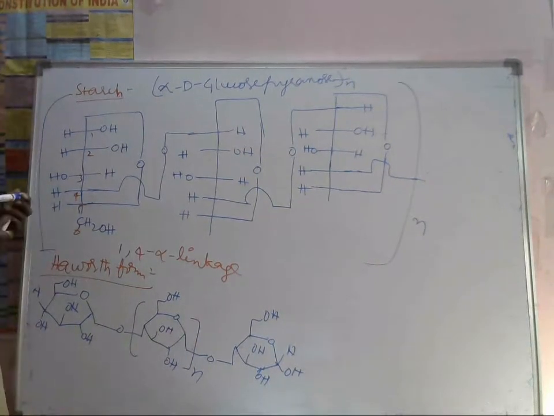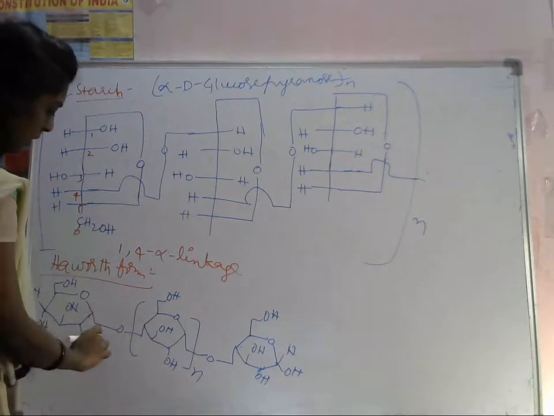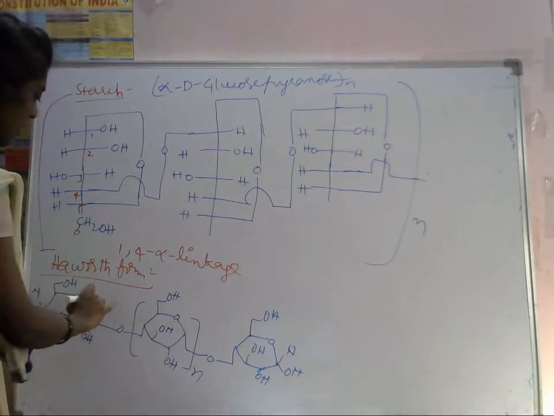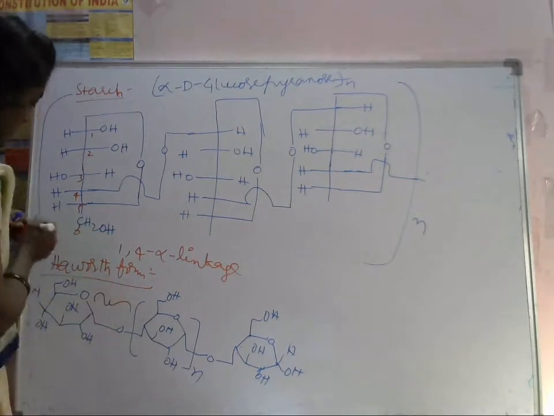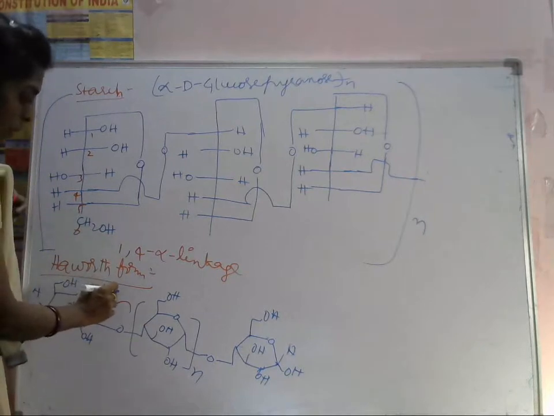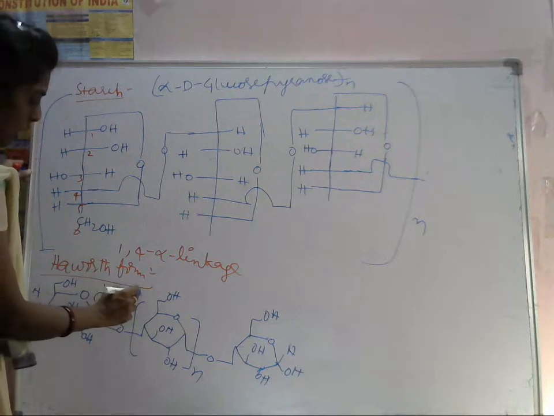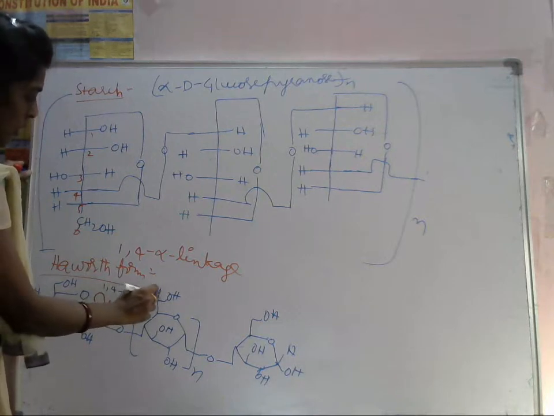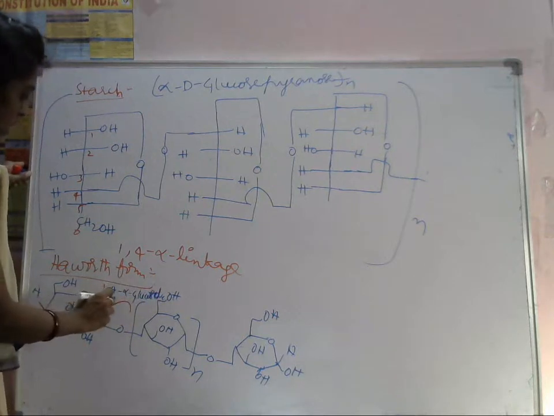I will write here, 1,4 linkage. What is it called? 1,4 alpha glucosidic linkage.